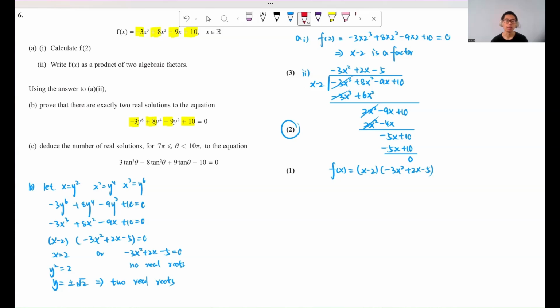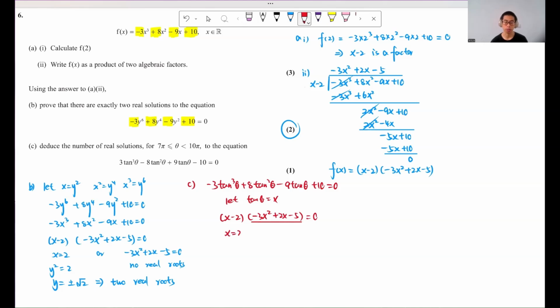So if we times by negative 1 for both sides, we would get the same coefficients. Which means if we let tan theta equal to x, then we have exactly the same as before. So we can still use x minus 2 times negative 3x squared plus 2x minus 5 equal to 0 to solve it. And from before, we know this one has no real roots.